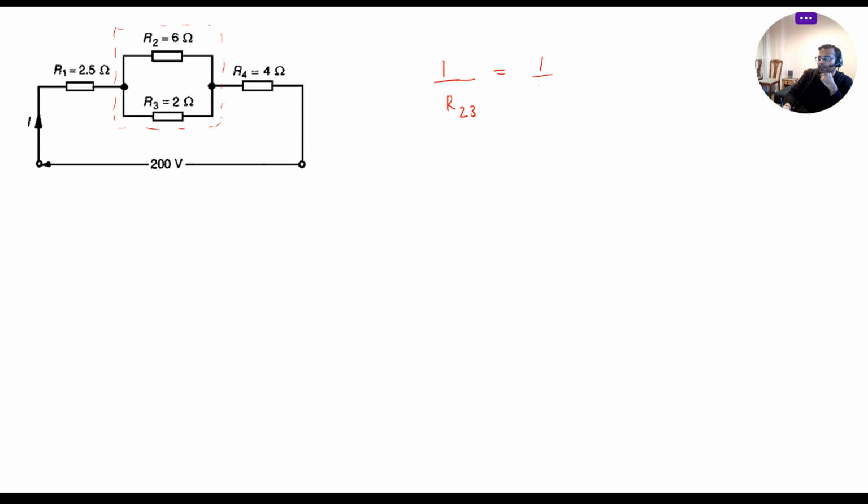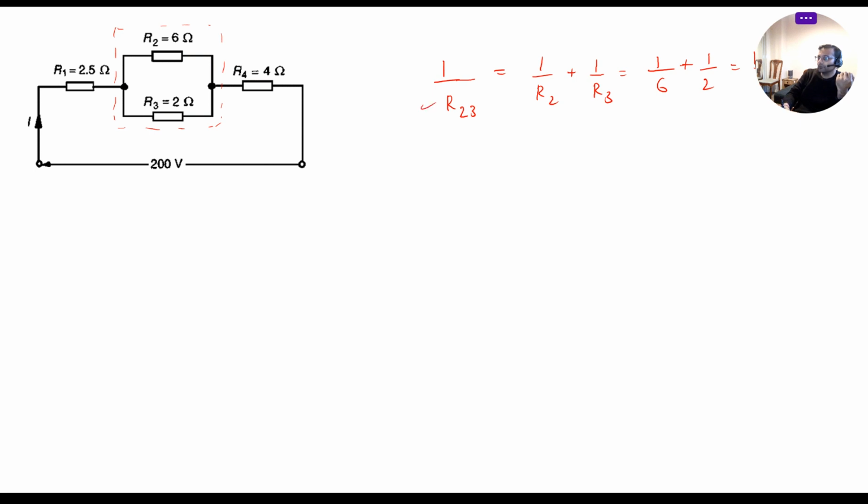1 divided by R23 will be 1 divided by R2 plus 1 divided by R3. So it will be 1 divided by 6, no need for unit conversion, all the resistances are in ohms, 1 divided by 6 plus 1 divided by 2. So I will get 6 here. You can use your calculator, obviously. So 1 plus 3, I will get 4 divided by 6.